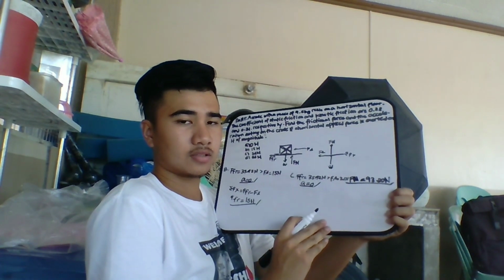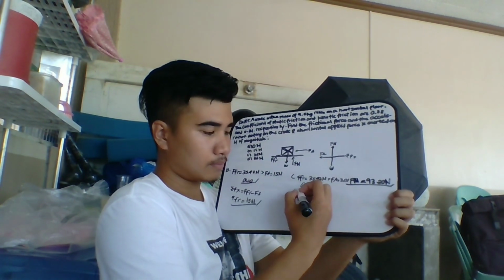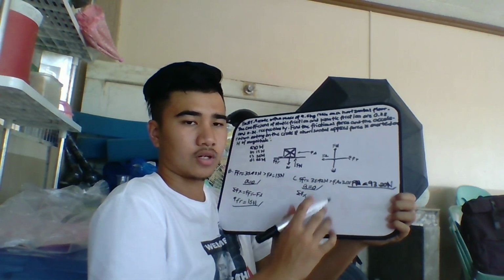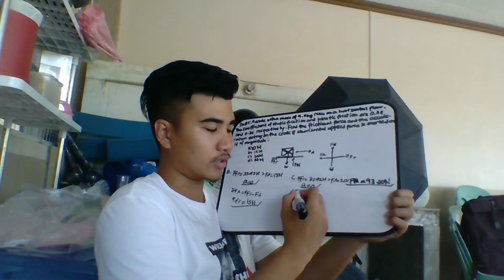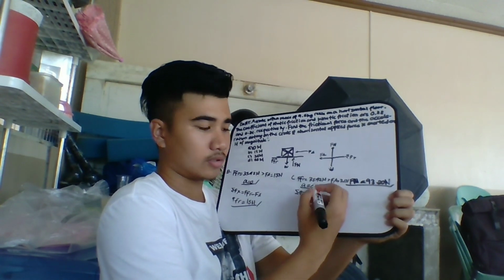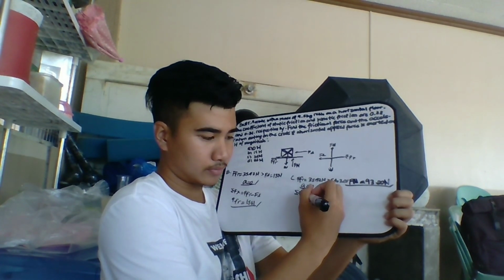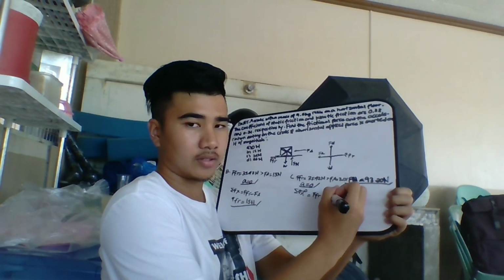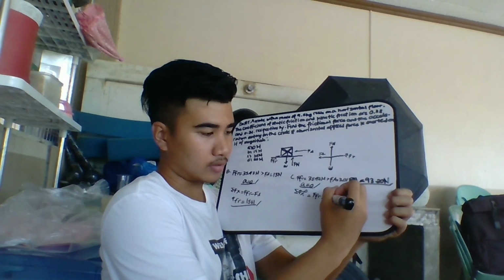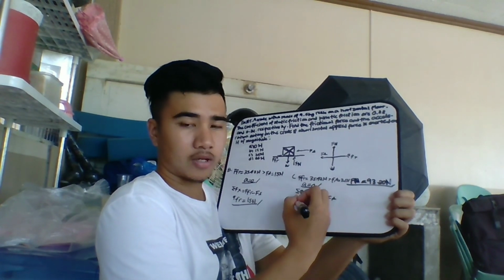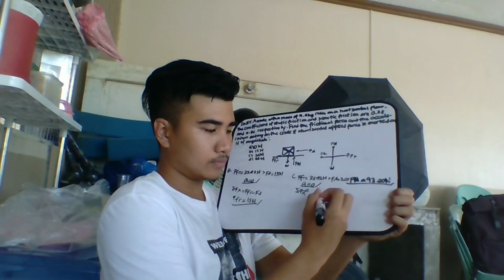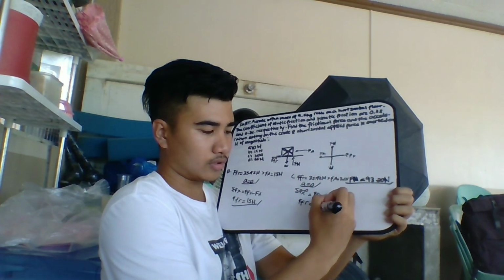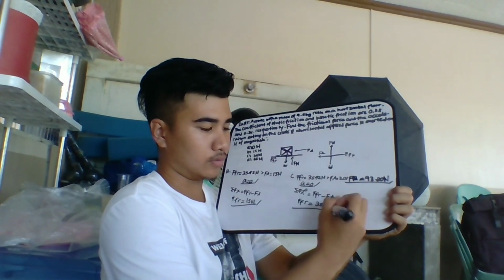And same process pa rin, summation of forces at x. No acceleration, no motion, 0 yung ating net force. Ito, force of friction minus sa force applied. So 35 Newton, force of friction is now equal to 35 Newton.